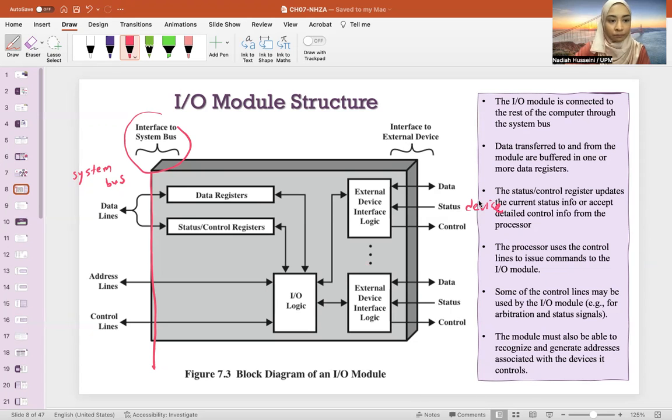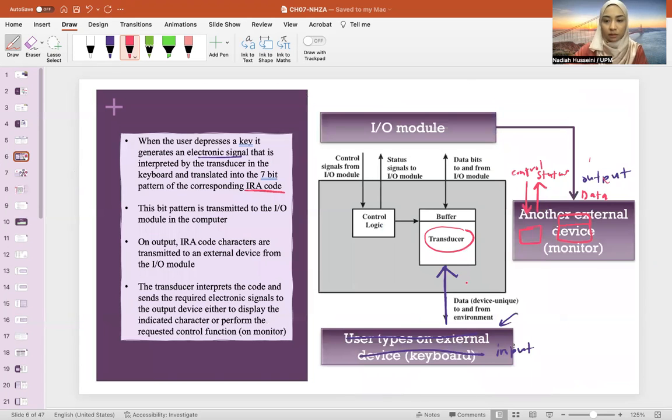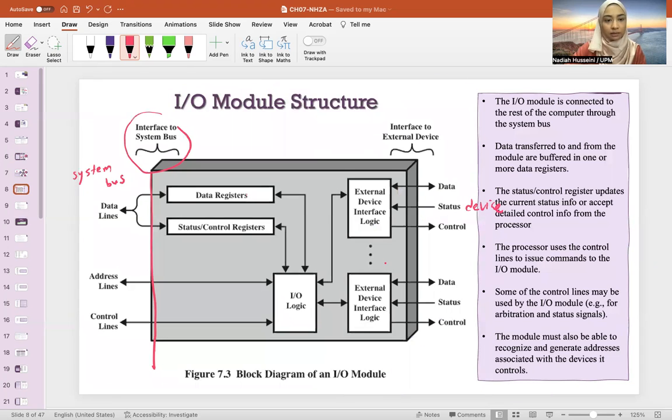Let's go back. Okay, so here you have your external device. You have your control, status, and data. Okay. So hopefully you don't treat this as a separate entity, because they are the same. It's just that now we are discussing the I/O module structure.